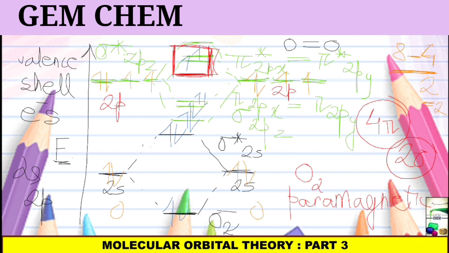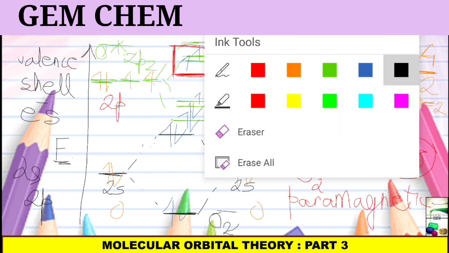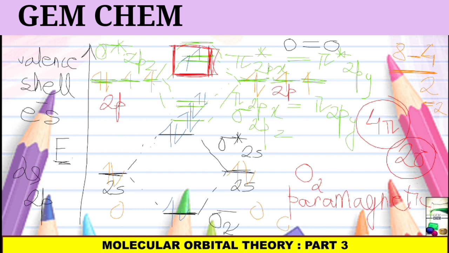Now if we want to deal with different kinds of stability of oxygen's ions, then we can try out for O2 plus, next comes O2 minus and O2 2 plus.